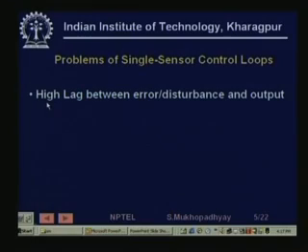Okay. So, having understood this, we can realize that high lag between error disturbance and output can sometimes occur depending on where the disturbance is appearing. The next point is that now we know that if there is high lag, then our phase margin is low, that is the system loop transfer function has lot of phase lag.